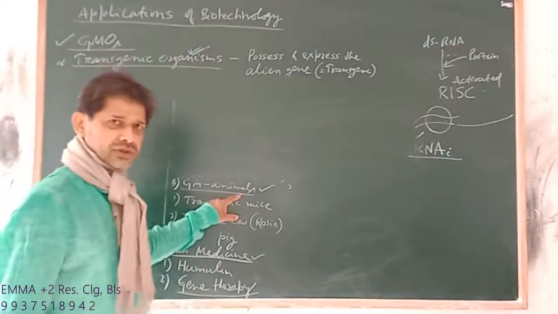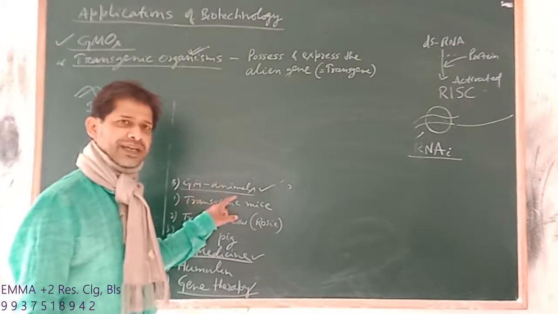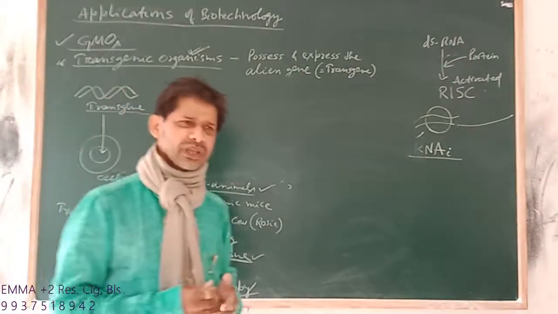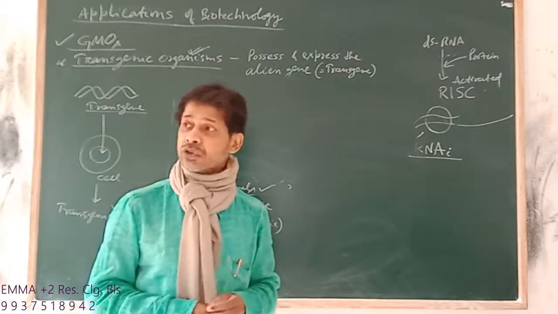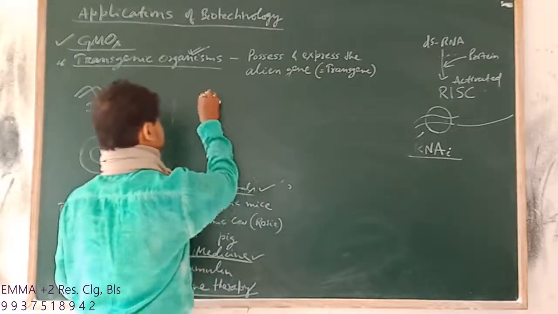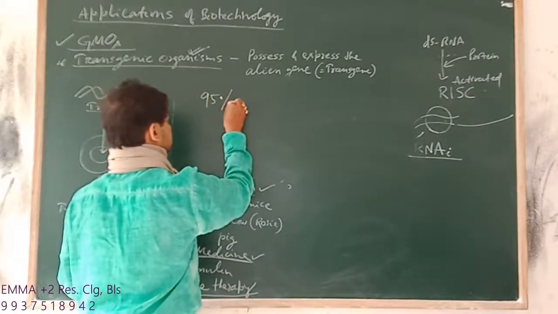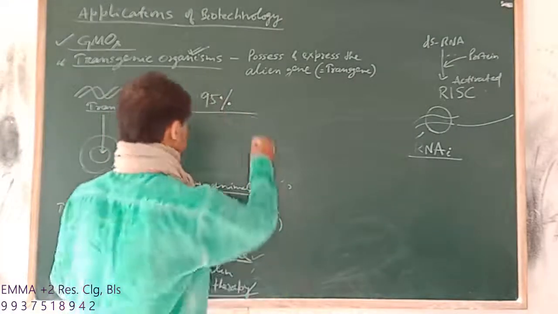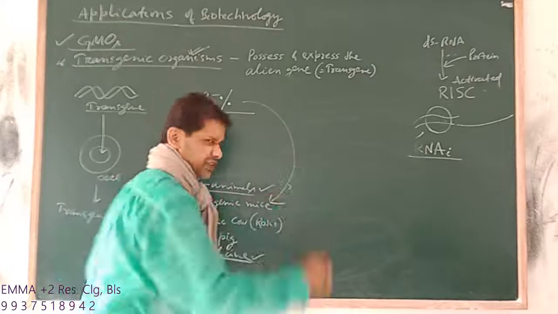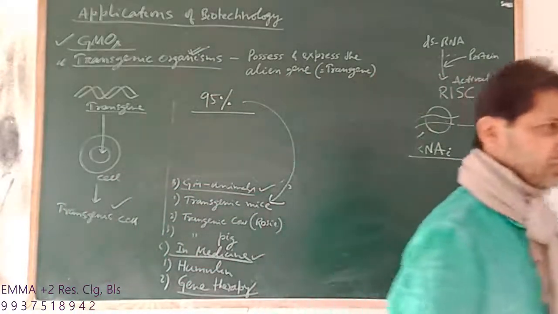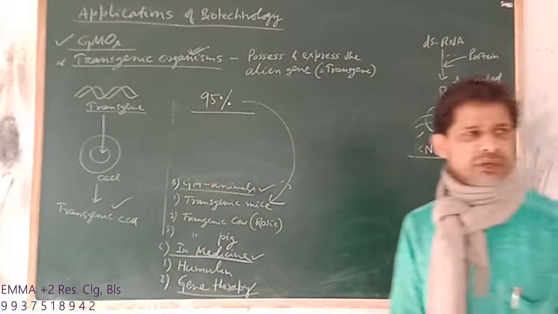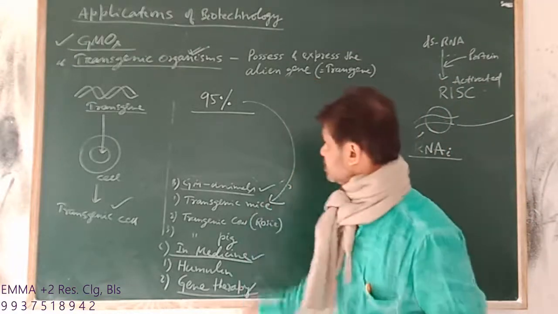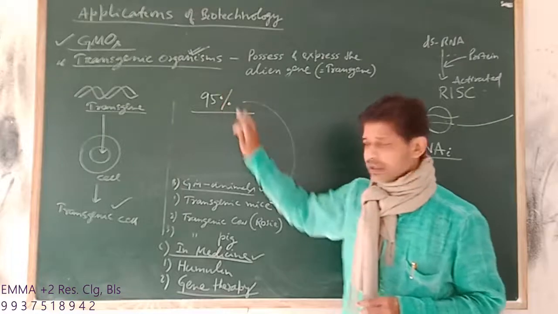Transgenic animals or genetically modified animals are of many types. So many examples are there. But out of those, 95% of animals produced by scientists are nothing but transgenic mice. 95% of the transgenic animals made in the world are transgenic mice.